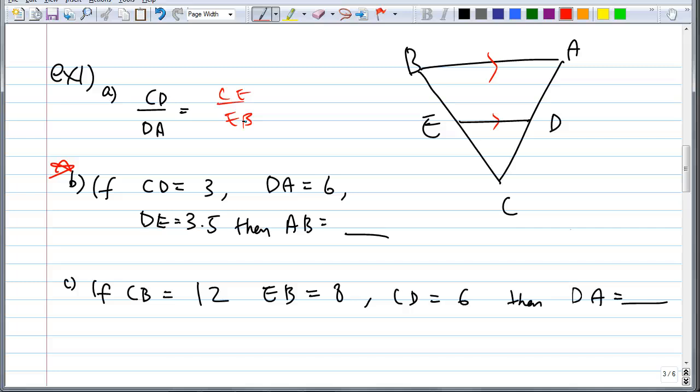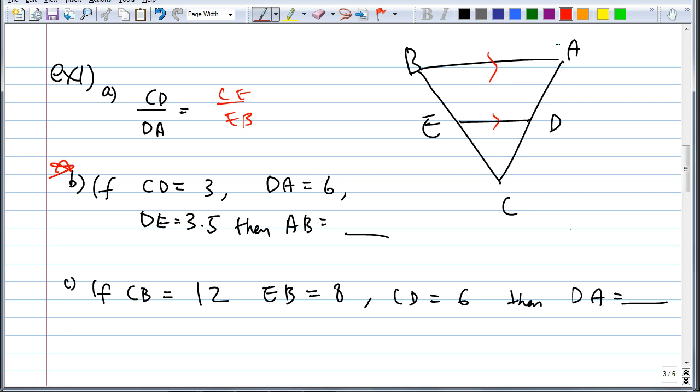How is CD to DA? DA is not a part of a similar triangle. What is this from? This is from the triangle proportionality theorem. Remember? You got ED parallel to BA, right? Be careful. But for B though, a lot of you put down 7 initially.